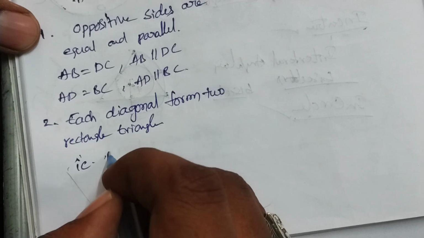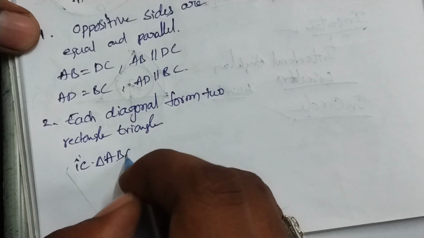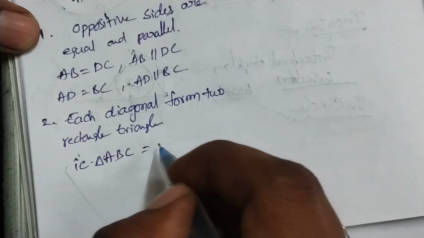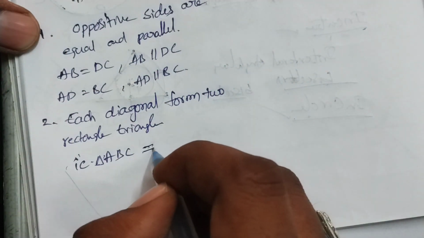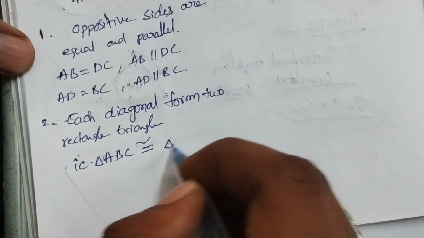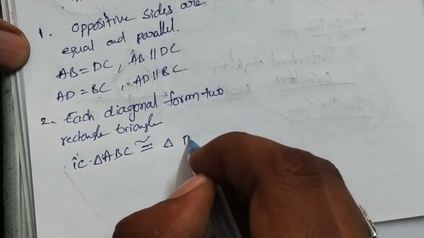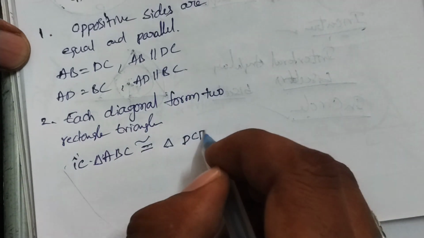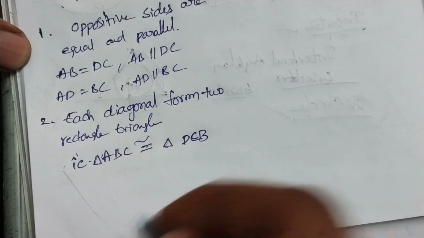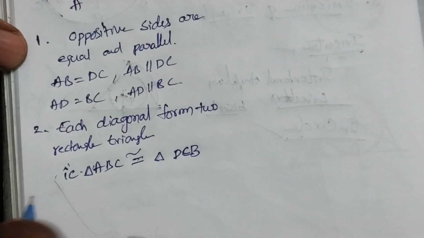Triangle ABC is a right-angled triangle and it is congruent to triangle ADC. These two triangles are congruent right-angled triangles.